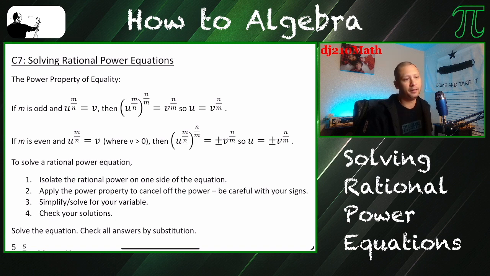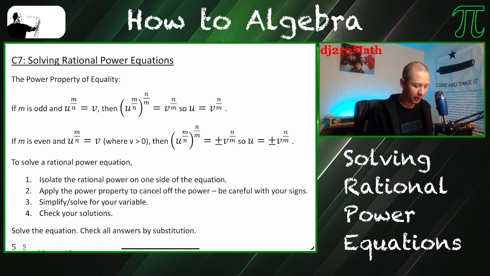However, if the numerator of the exponent is even, then there's one step that you have to do. Basically, it's because when the numerator is even, when you use the reciprocal, it's like taking a square root or any even number root.